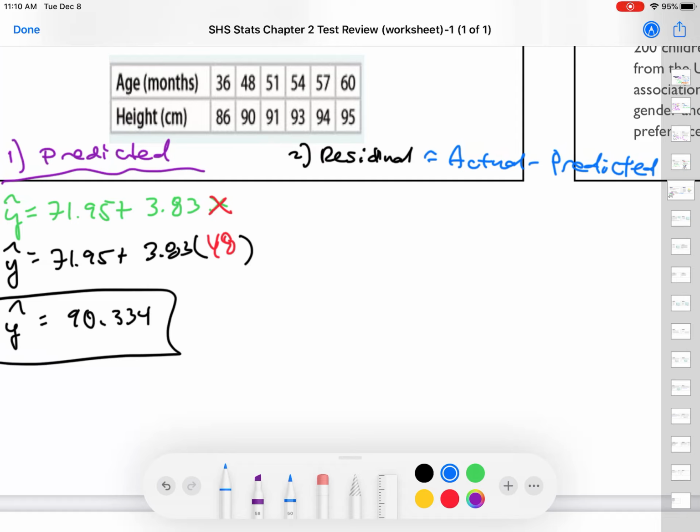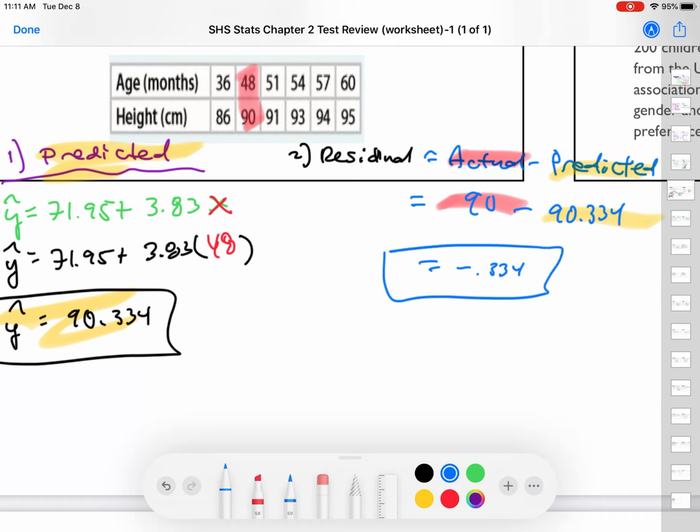So the predicted is 90.334. The actual is from here. So if you subtract those two, you get a negative.